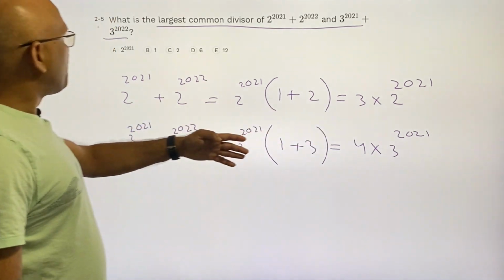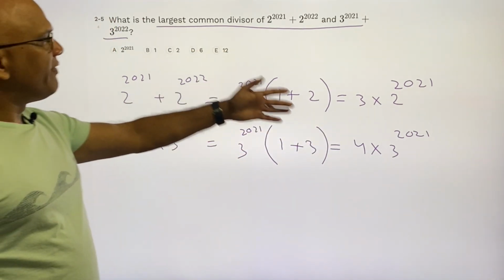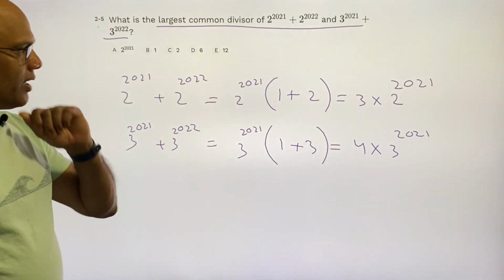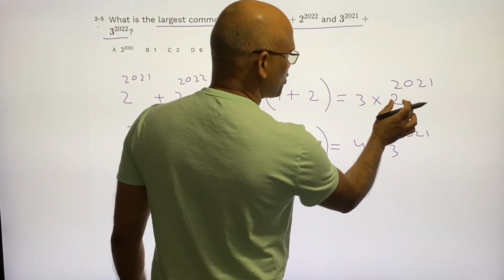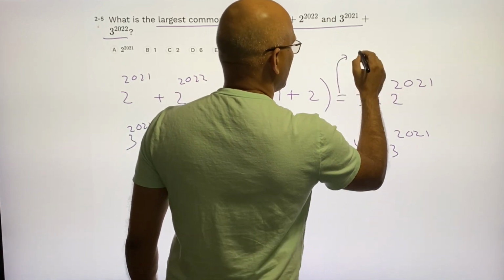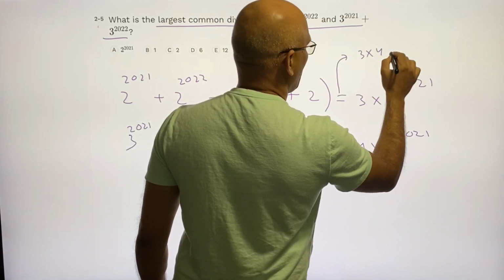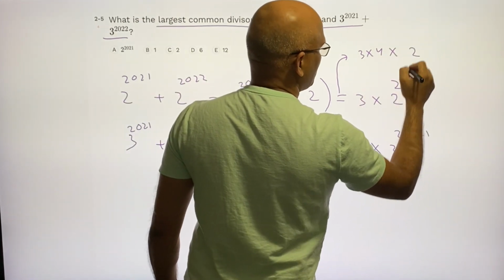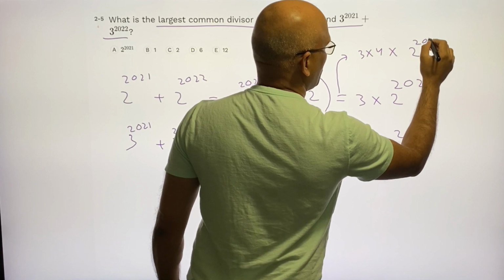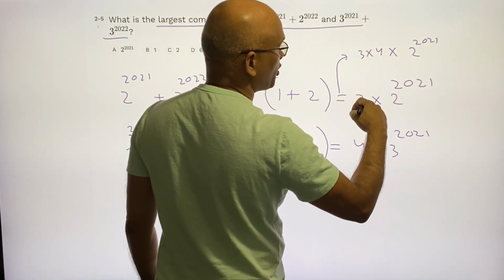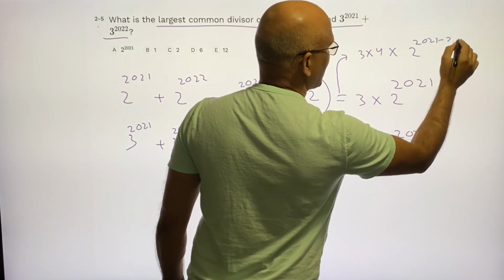So I want to find the largest common divisor of these two numbers. There is a 4 here, so I want to try to factor out 4 from this. So this is going to be 3 times 4 times 2 to the power of 2021, but this is 2 to the power of 2, so I took 2 to the power of 2 away, so this is minus 2.